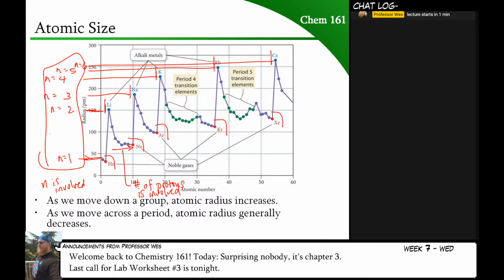As atomic number increases, atoms tend to decrease in radius unless you jump down to the next period. That'd be a great answer. I'm saying how, so I want you to explain what the behavior is. Now, if I'm asking you why does this happen, then we need to go into more detail, right? And that's where N and Z effective come into play here.